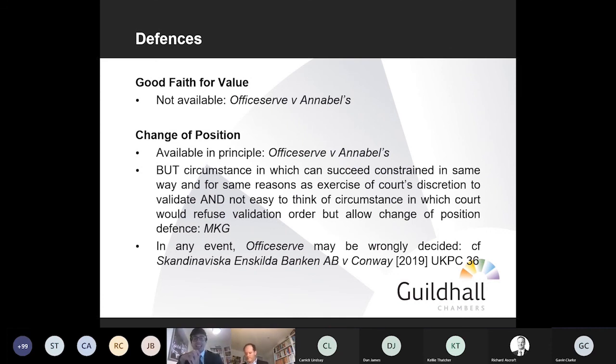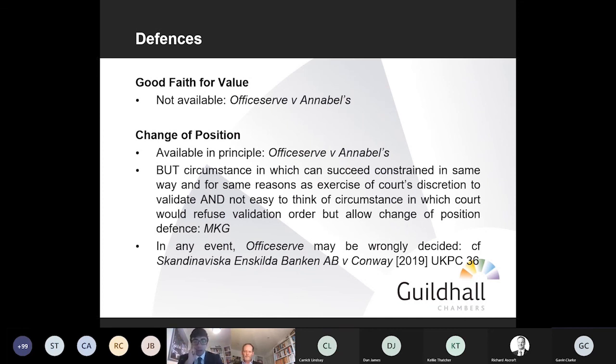But in the MKG case that Ed touched upon, Judge Cook came on to say, well, it might theoretically be available, but it's very difficult to think of a circumstance in which the court would decide you're not entitled to a validation order, because although you may well have changed your position, this is a disposition that was not to the benefit of the creditors. And so therefore you don't get into the special circumstances exception for a validation order. But nevertheless, we're going to allow you a change of position defence.